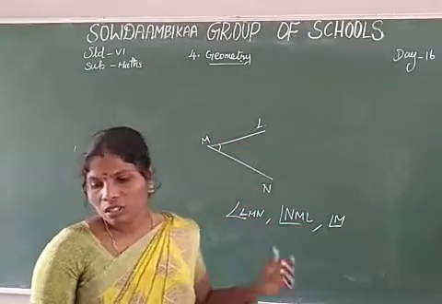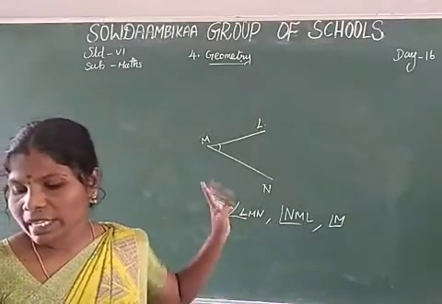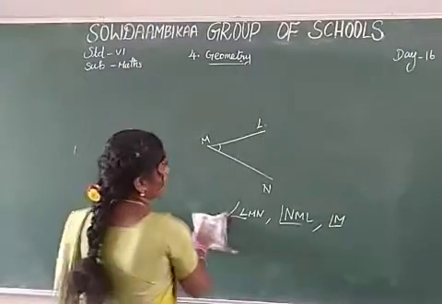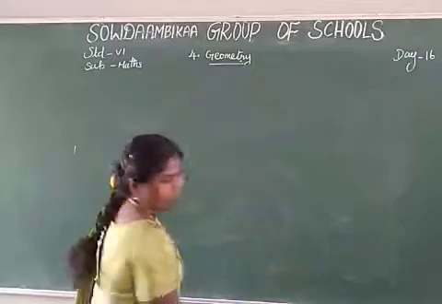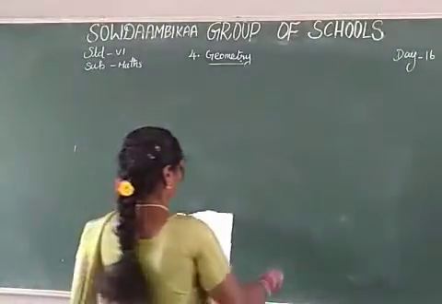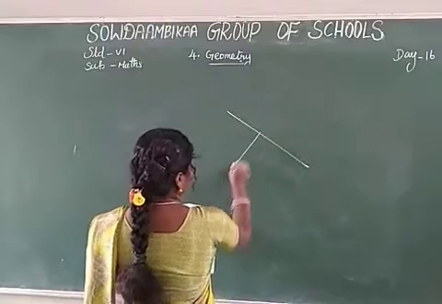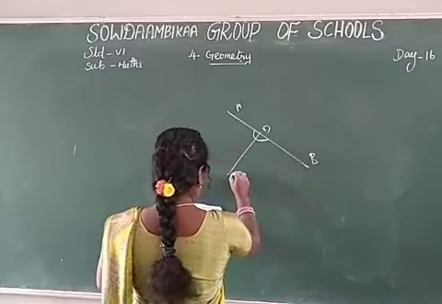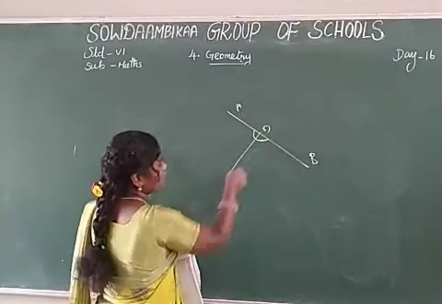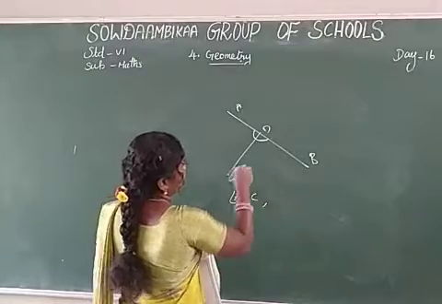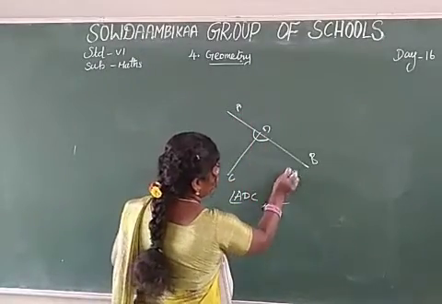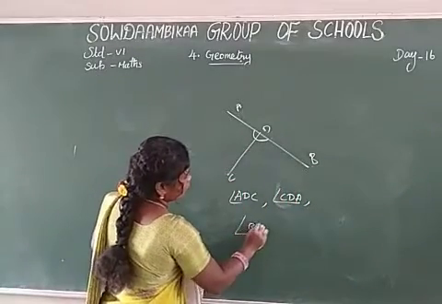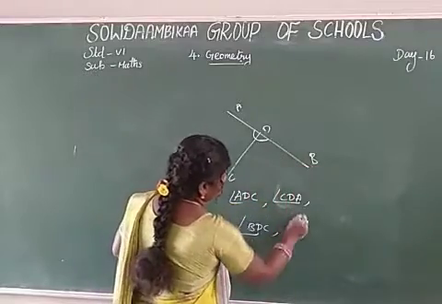Okay, so the other second sum, third sum, fourth sum and fifth sum are for you. Last only we do. A, B, C. A, B, C. CDA, BDC, CDB.